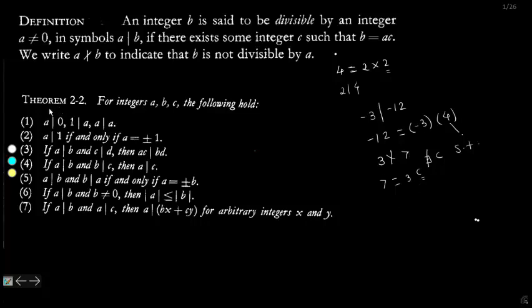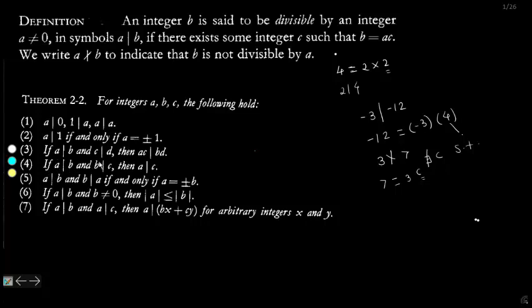Now we consider the theorem. For any integers a, b, c, the following hold. First one is a divides 0. That is, every integer a must divide 0. 1 divides a and a divides a. Second, a divides 1 if and only if a equals plus or minus 1. Third one is if a divides b and c divides d, then their product ac must divide bd.